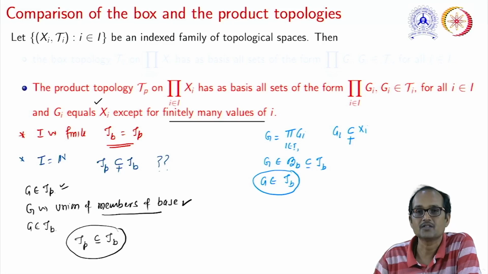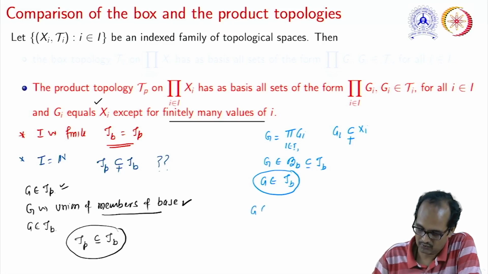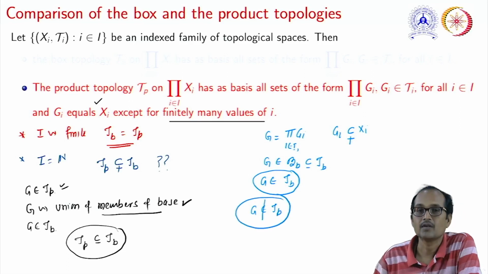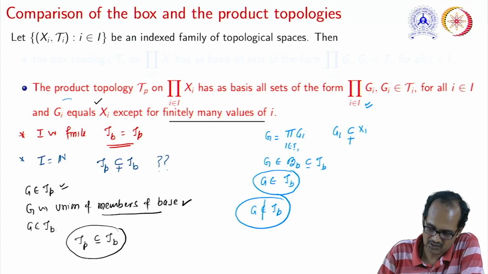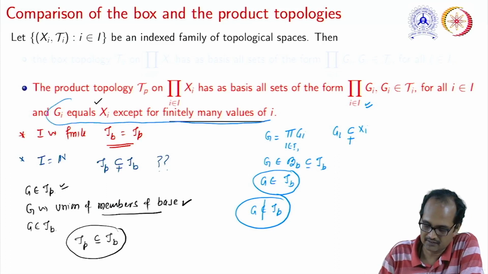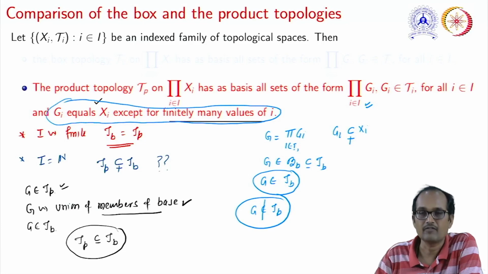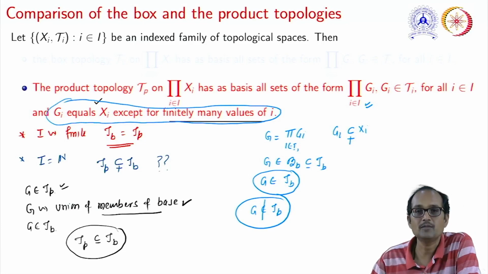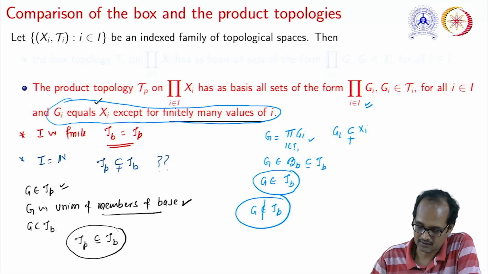But the question is whether this G is a member of the product topology. The answer is no, because for the product topology the basis elements look like the product of Gi, i belongs to I, with the condition that Gi equals Xi except for finitely many values of i. But the G we have taken here is the product of Gi where none of the Gi equals Xi.